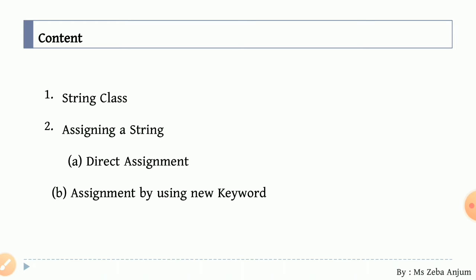Okay, both the types of assignments we are going to see, and we will also see some array of characters. Now what is the meaning of array? Because you have left over the chapter array na? So in this topic we will study some basic things about arrays. Okay, and how your string is going to be stored over there in the computer memory. All these things we will study furthermore. So let us start from the first topic, that is your string class.